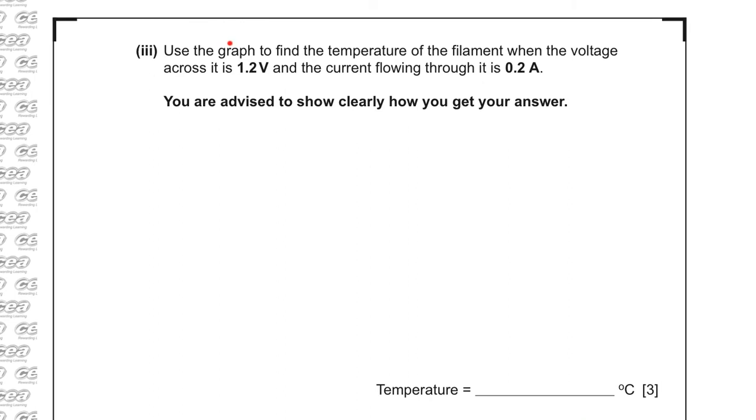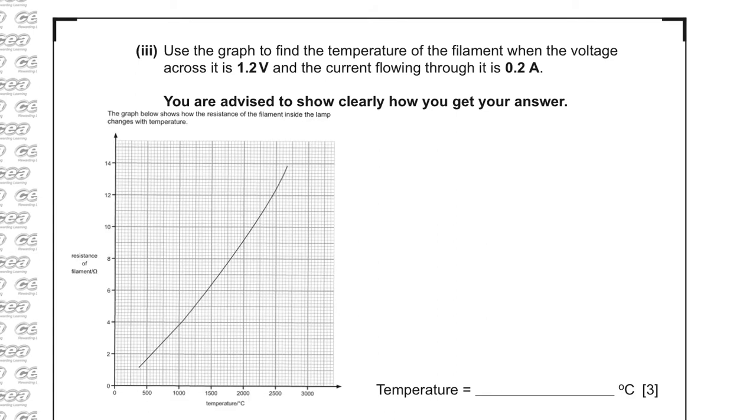So now we're asked to use the graph to find the temperature of the filament when the voltage across it is 1.2 volts and the current flowing through it is 0.2 amps. So we have a voltage and a current, but the graph is in resistance, so we need to do Ohm's law to get a resistance, and then we look at that graph.